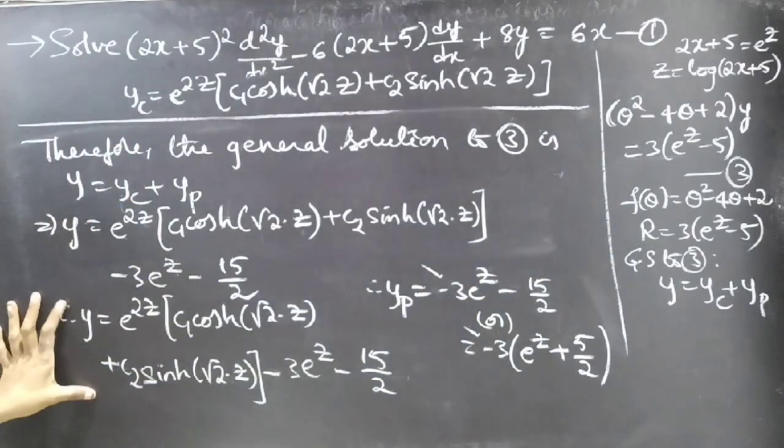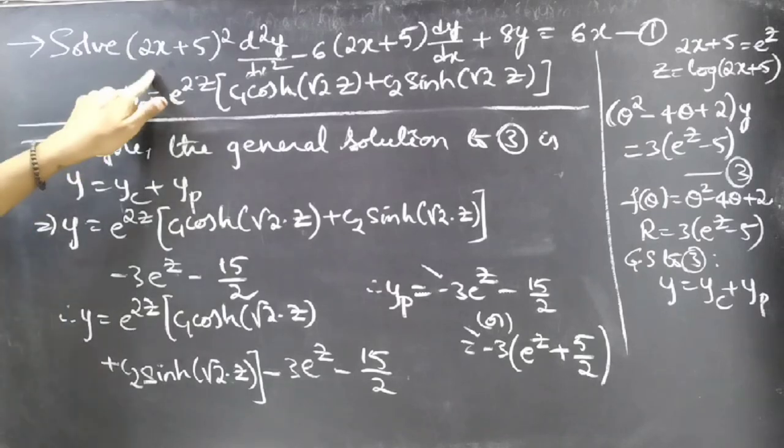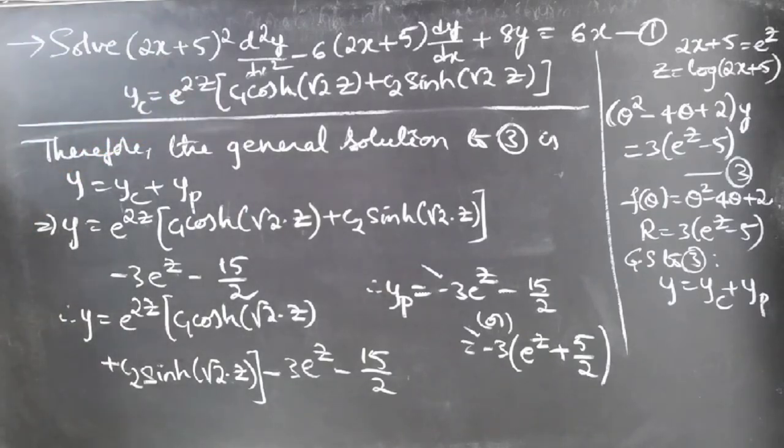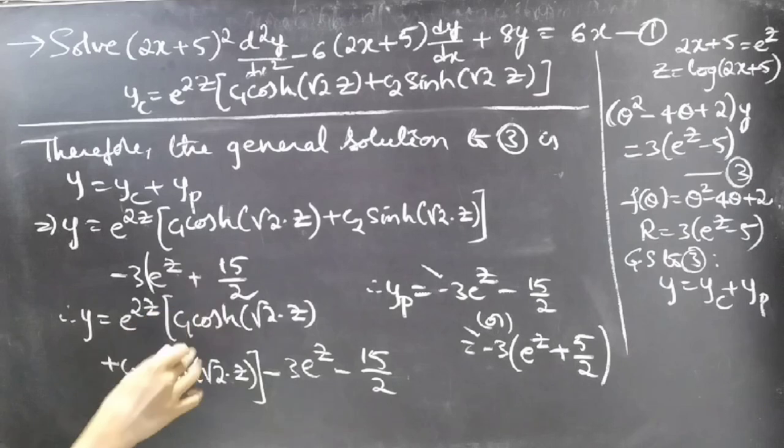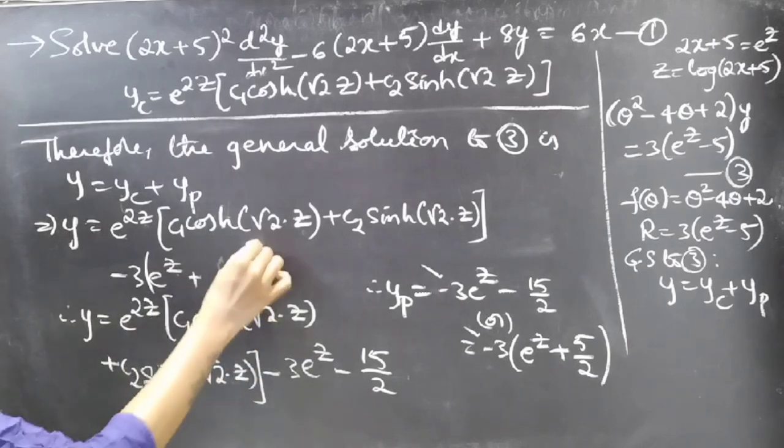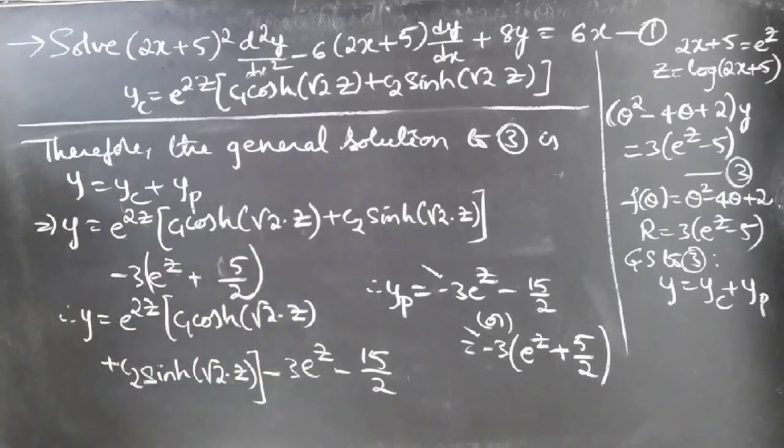Now using this solution, we can find the general solution to the given equation. If you wish to take the second one, you'll just get e power z plus 5 by 2.